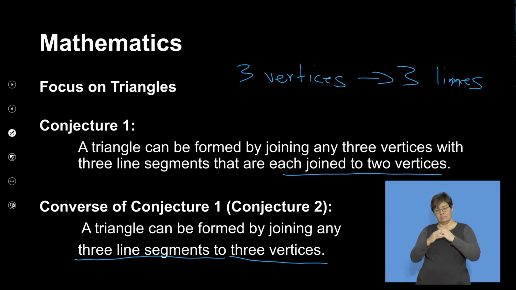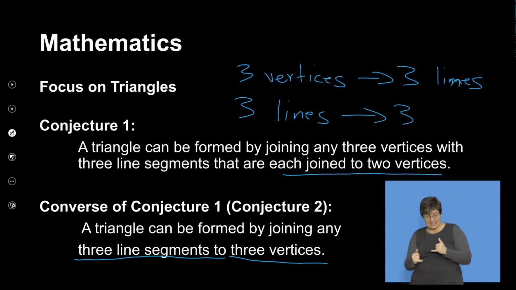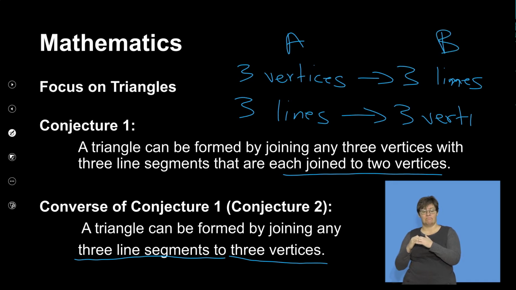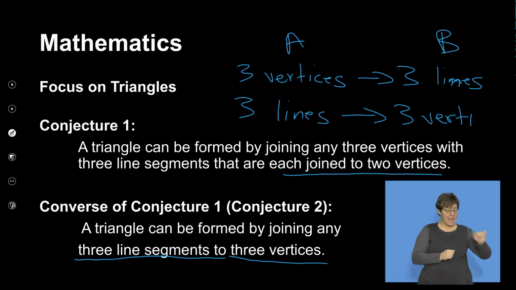The converse now says, if I have three lines that I joined between three vertices, it will give me a triangle. So you can see, if I say this is A and that is B, if A is true, then B will be true. And if B is the case, it means A is true because B was a result of A. I really hope I am narrating this clearly so that you can see what this is.